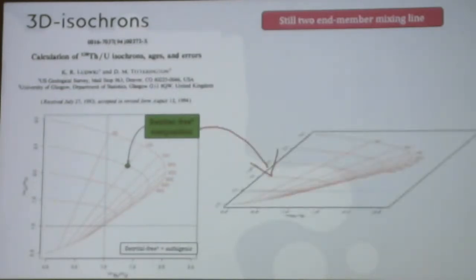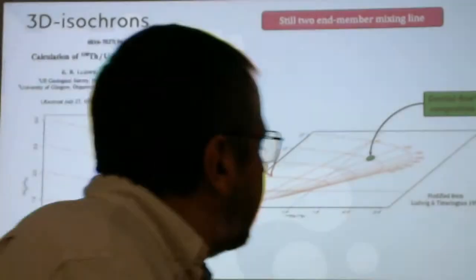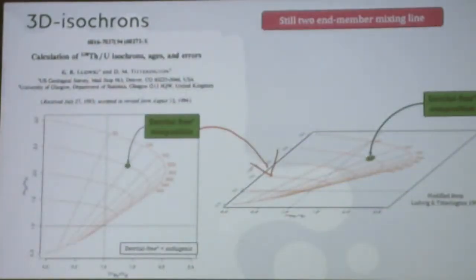So what Rosholt came up with in 1994 is basically this, the normal evolution plot that you have. He said, okay, this is the age of my sample. This is the detrital-free composition. I'm going to add another axis, and this axis is 232 over 238, like in an Osmond isochron.